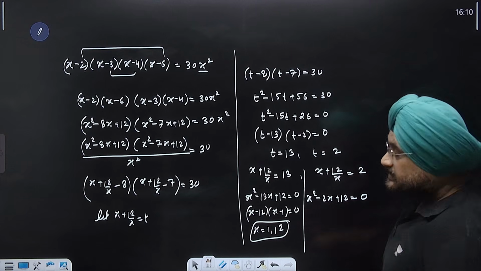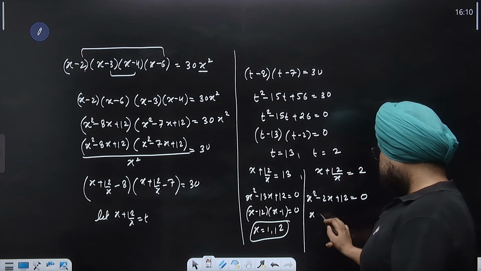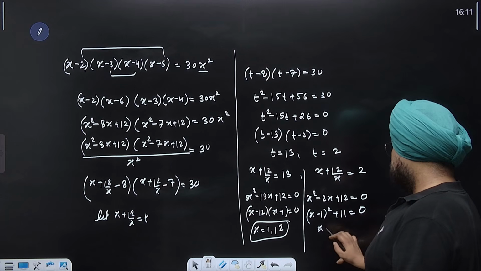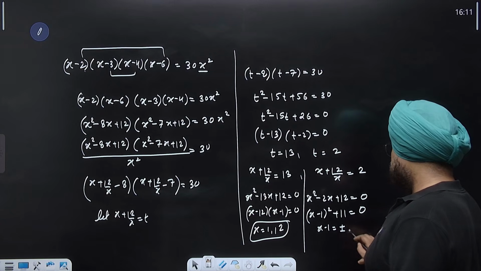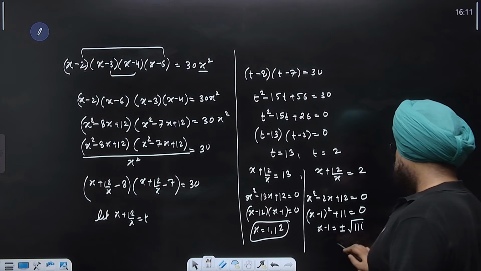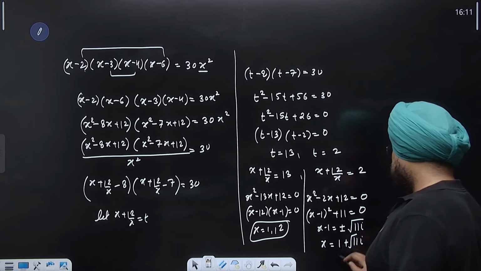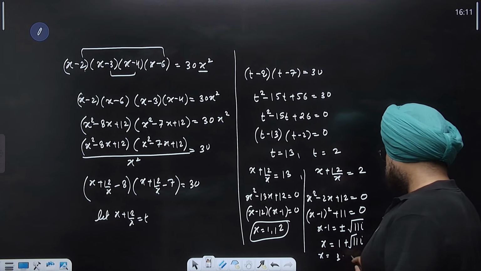Again, the discriminant is less than 0, we will be getting two non-real roots. So x minus 1 equal to plus minus root 11i, 1 plus root 11i, 1 minus root 11i.